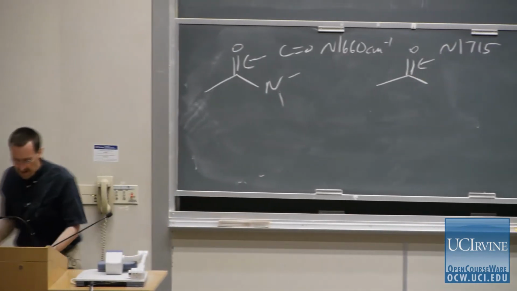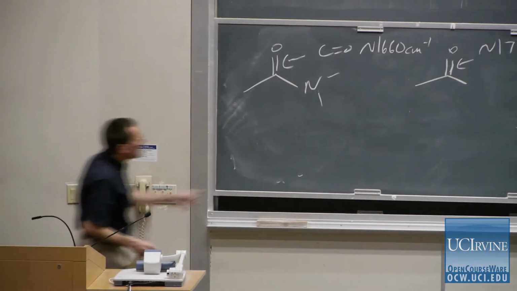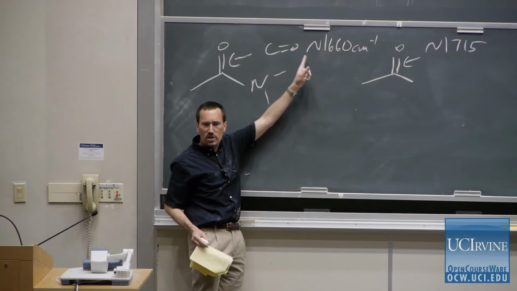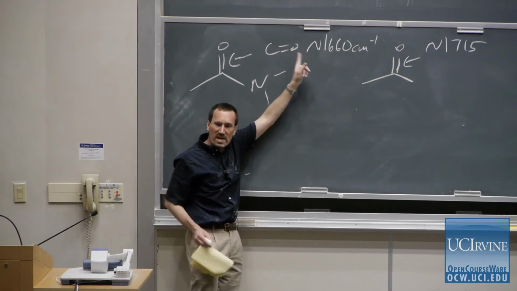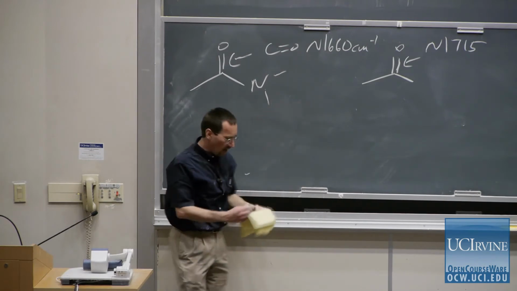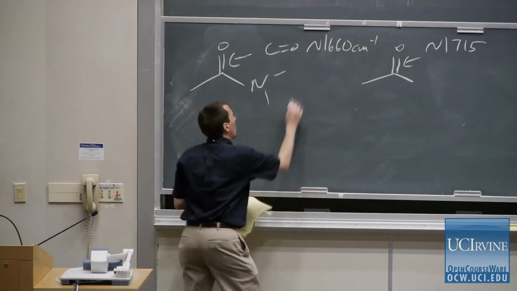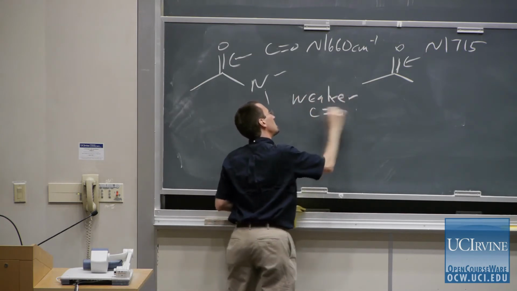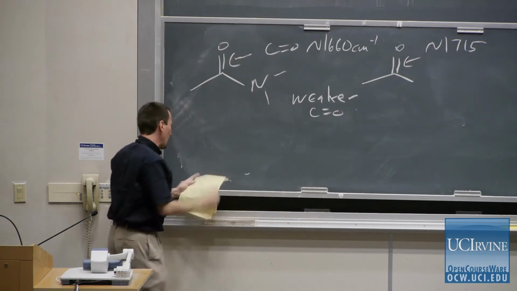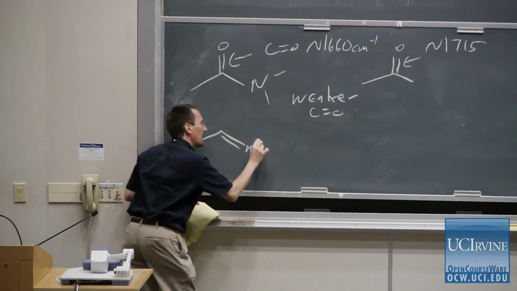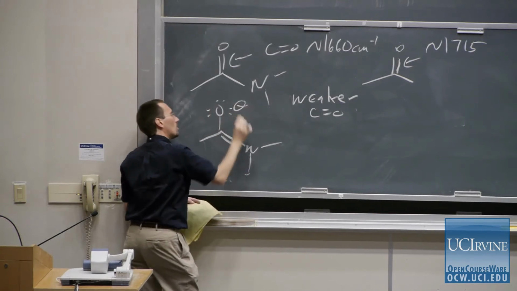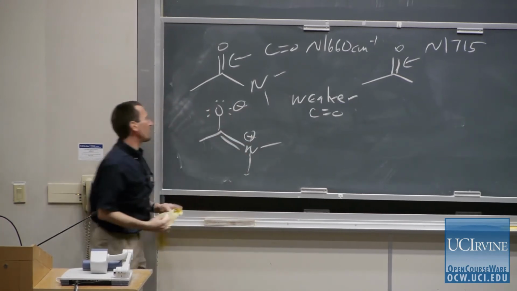And so you think about this, and you'd say, well, this is saying that the carbon-oxygen double bond stretch is weaker than that of a ketone. So I'd say a weaker C=O. And this minor resonance structure really helps explain that very nicely.